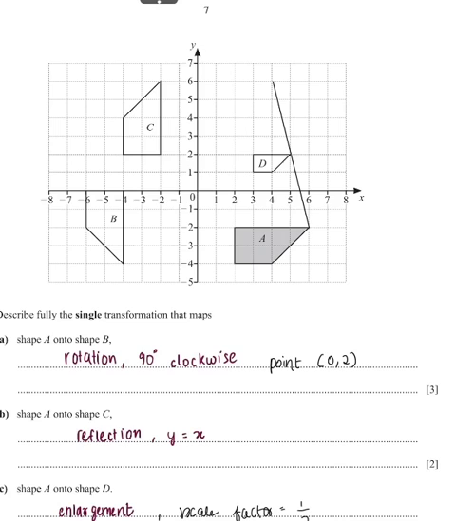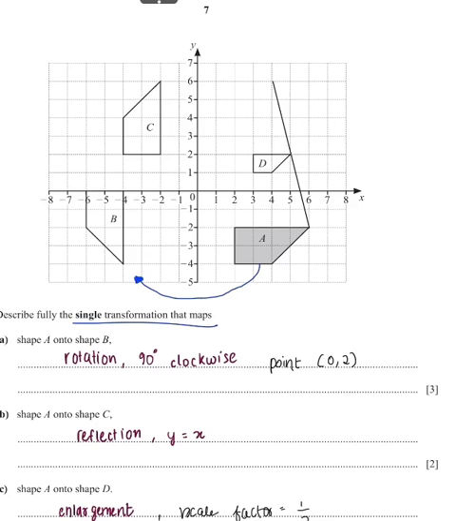So question 11, shape A onto shape B. This is the A part. First of all, this is shape A and this is shape B. You need to describe the transformation which is occurring over here. You can see that there's a rotation taking place and it is going in a clockwise direction. If you use your tracing paper, you will be able to identify that it is going clockwise.